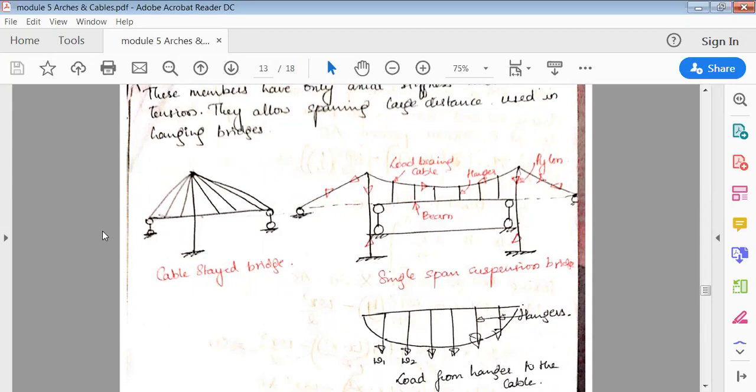If you want, you can see this suspension bridge also. So these are all load bearing cables.